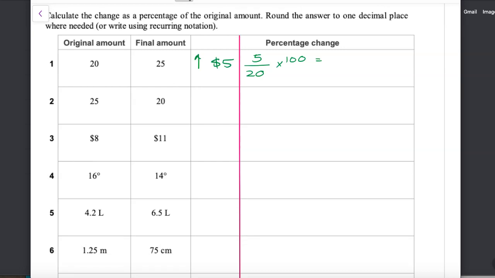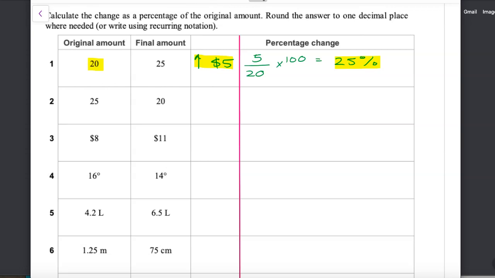Well, 5 over 20 is like 25 over 100. Or if we put this in our calculator, 5 over 20 would give us a quarter, and a quarter times 100 is 25%. This tells me that this increase of $5 is a 25% increase from the original amount.